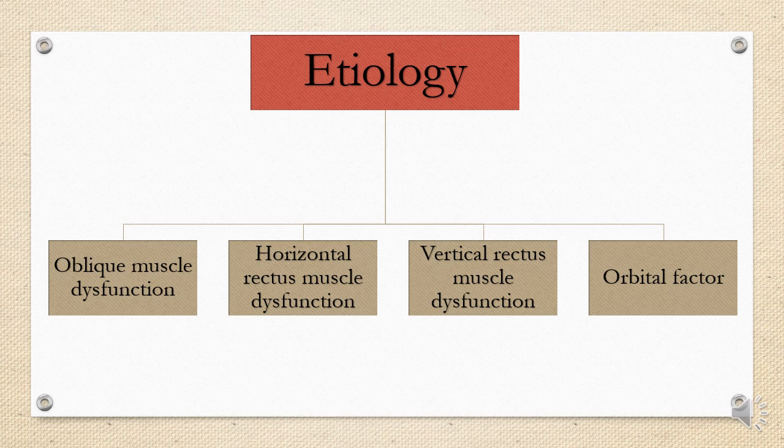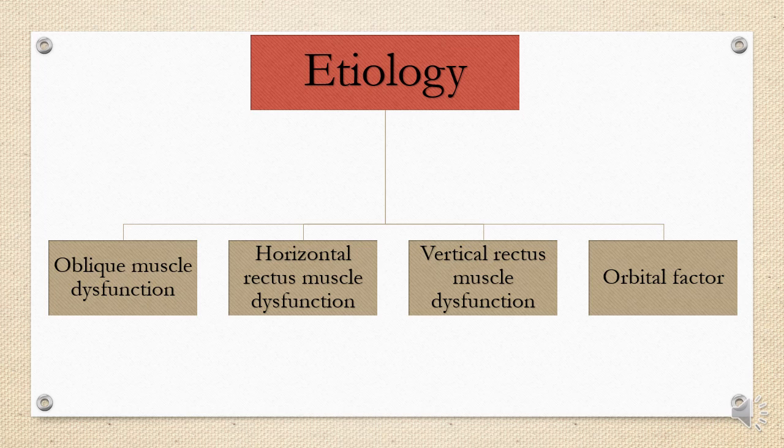When we say oblique muscle dysfunction, inferior oblique overaction will result in a V pattern squint, whereas superior oblique overaction generally has an A pattern squint. So superior oblique overaction leads to an A pattern, whereas inferior oblique leads to a V pattern squint. These are generally what you see because of oblique muscle dysfunction.